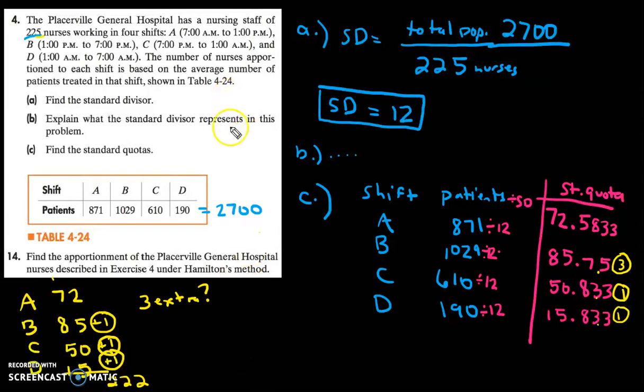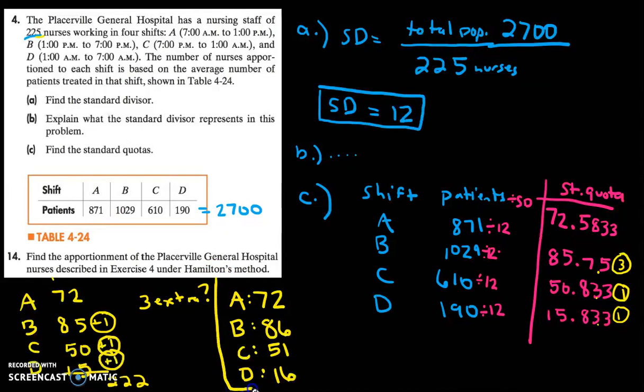So our final answer for our apportionment is A gets 72 nurses, B ends up with 86 because they get an extra 1, C ends up with 51 because they get an extra 1, and D ends up with 16.